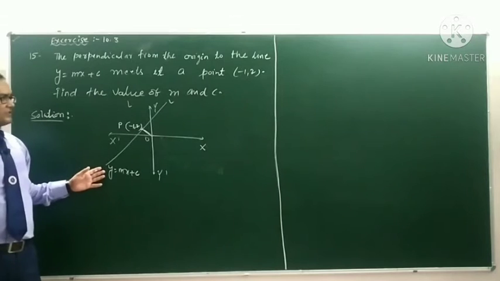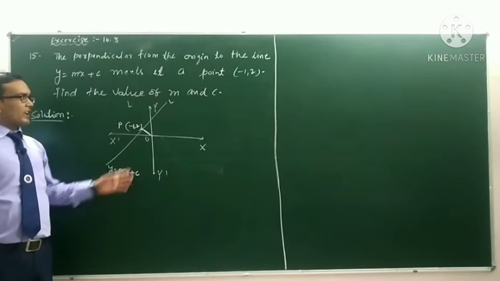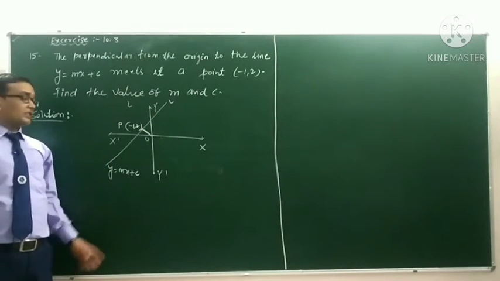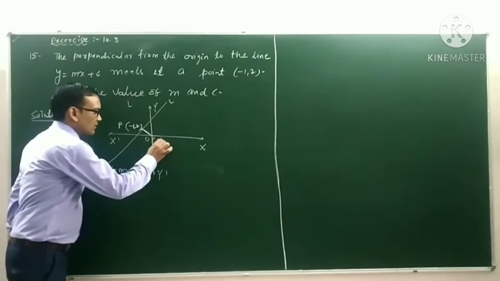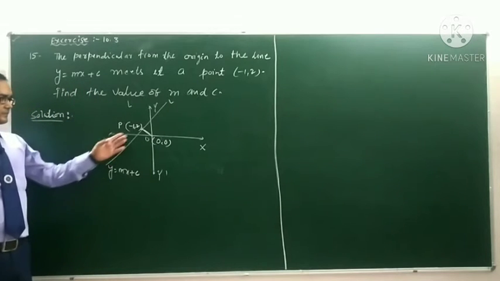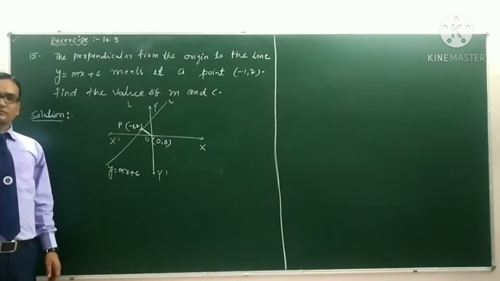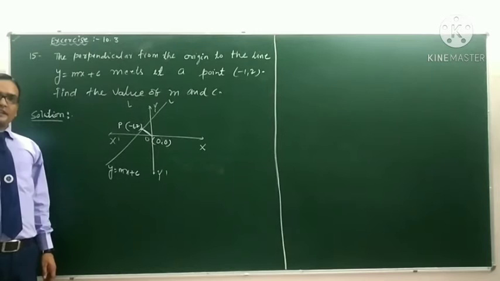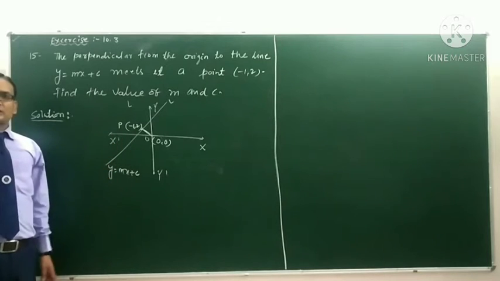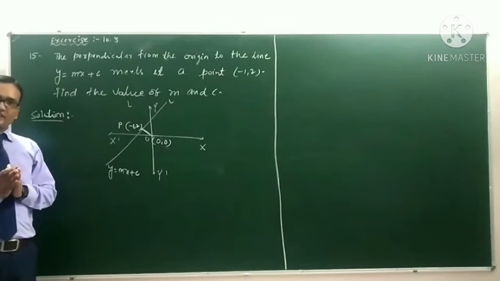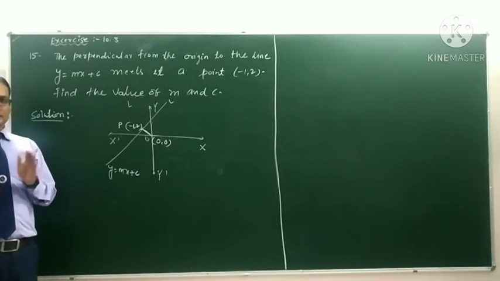Here we observe that the slope of the line L and the slope of the line segment OP multiplied is equal to -1. Why, students? Because both lines are perpendicular to each other, so their slopes are negative reciprocals of each other.